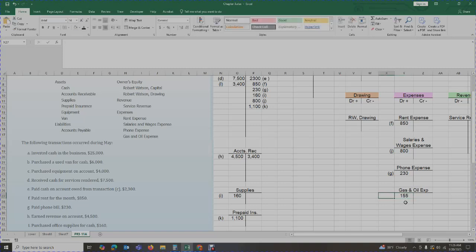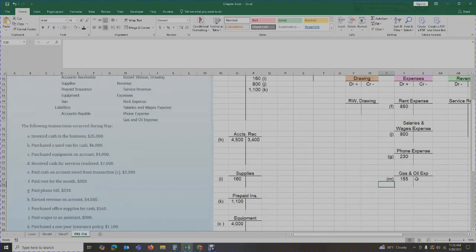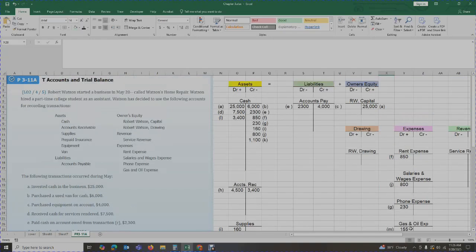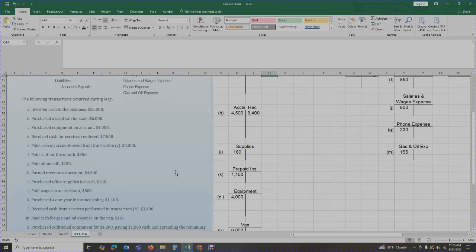This is letter M. How do we pay for the gas and oil? According to the problem, you paid cash. So gas and oil is an expense account, needs to be debited. I paid with cash, which means I have less cash now of 155. That is transaction M. We're almost there, guys. Letter M.